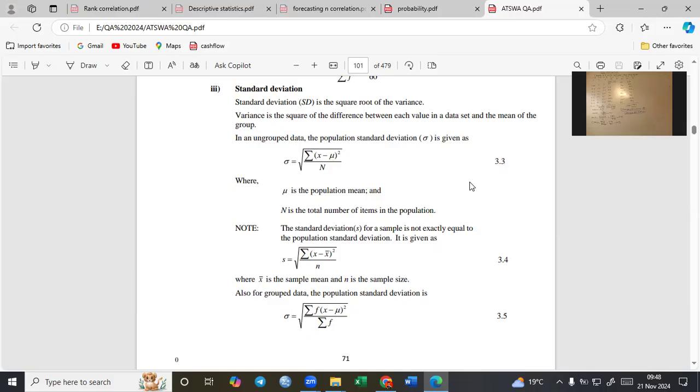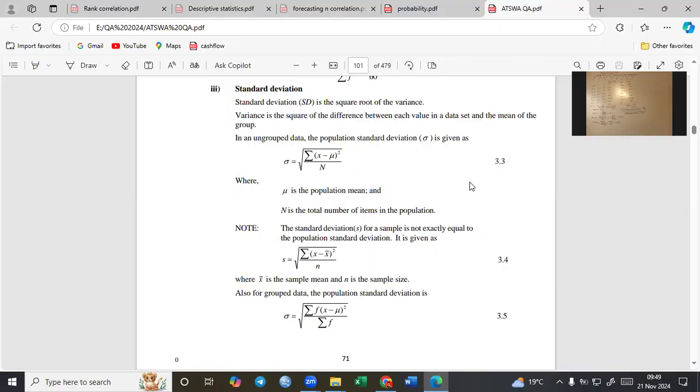I repeat, standard deviation is the square root of the arithmetic averages of the squares of the deviations measured from the mean.